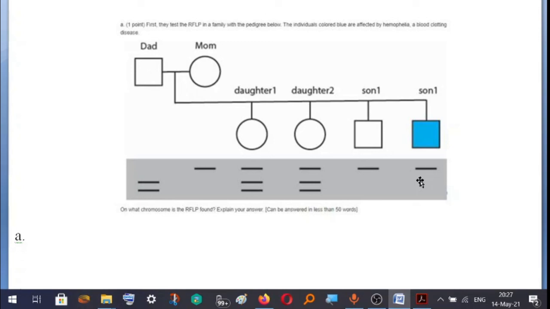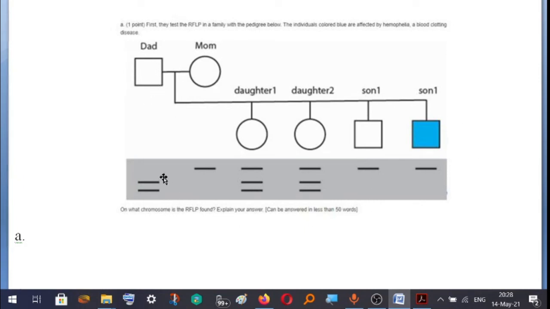Now there are two types of sex chromosome, X chromosome and Y chromosome. Let's assume that the SNP of interest is located on the Y chromosome. We know that the Y chromosome inherited by the son comes from the father. In other words, father and son carry the same Y chromosome. That's why we should be expecting a similar banding pattern for father and son.